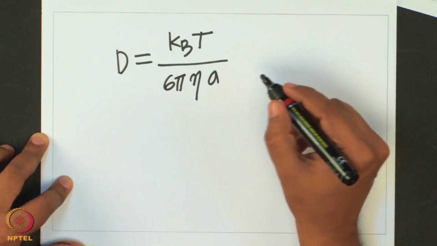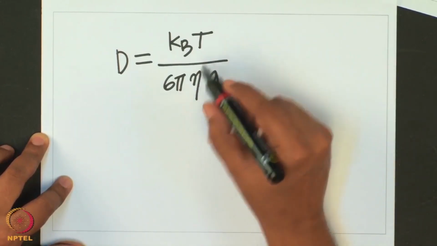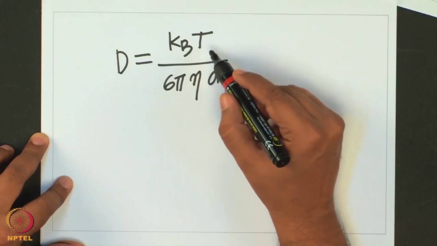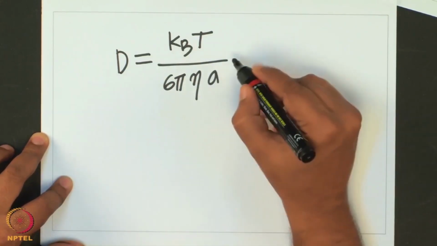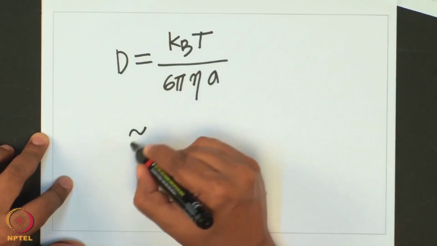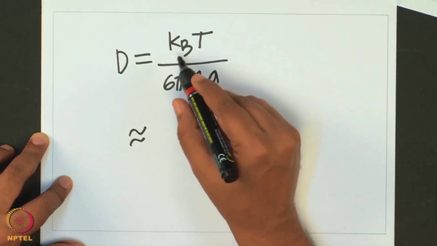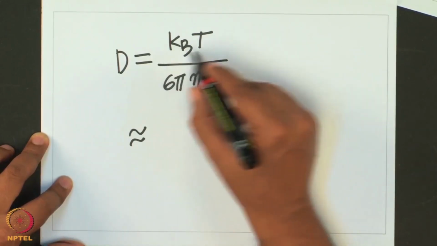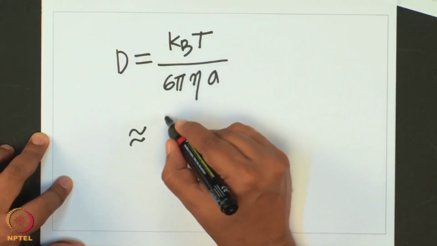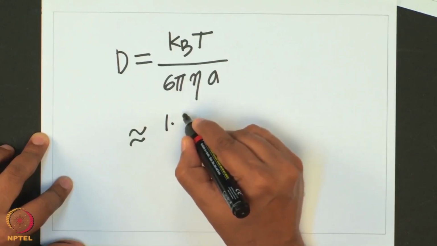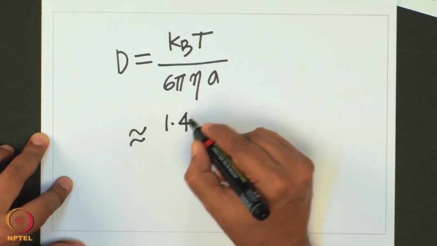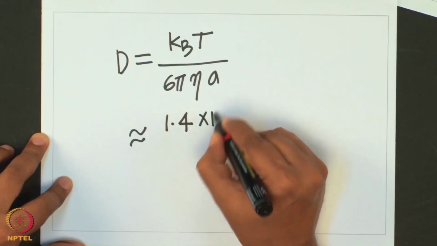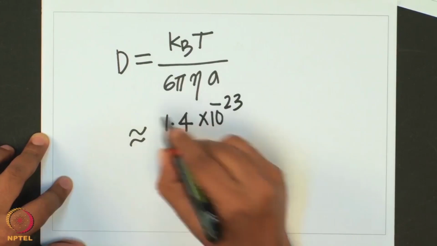If you assume water, we have to substitute the viscosity of water, the Boltzmann constant, and the temperature. The Boltzmann constant is approximately 1.4 times 10 power minus 23 in SI units.